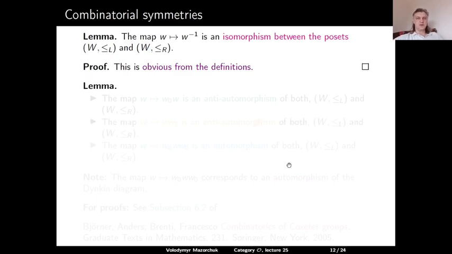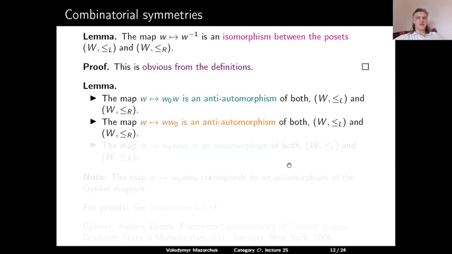So here is a more advanced property. The map W maps to W0W is an anti-isomorphism of both W with respect to the left order and W with respect to the right order. Similarly, the map W goes to WW0 is an anti-isomorphism of both posets, W with respect to the left order and W with respect to the right order.